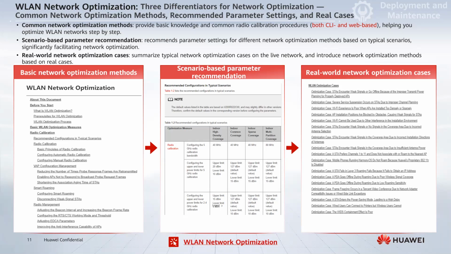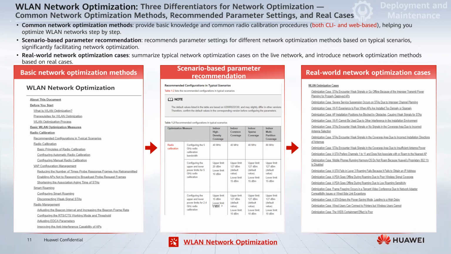detailed guidance for step-by-step WLAN network optimization based on common network optimization methods, scenario-specific parameter recommendation, and real-world network optimization cases. The document was highly recognized based on the optimization suggestions we have received.